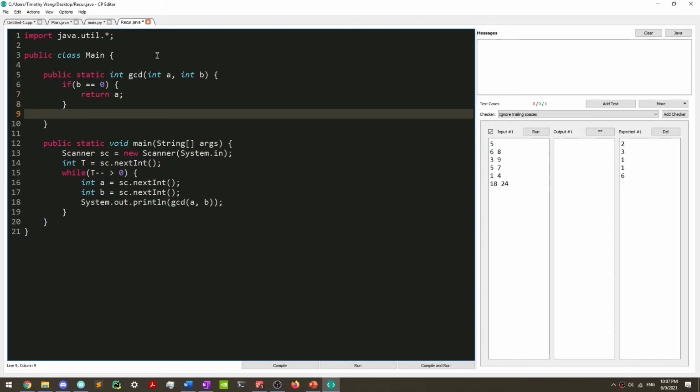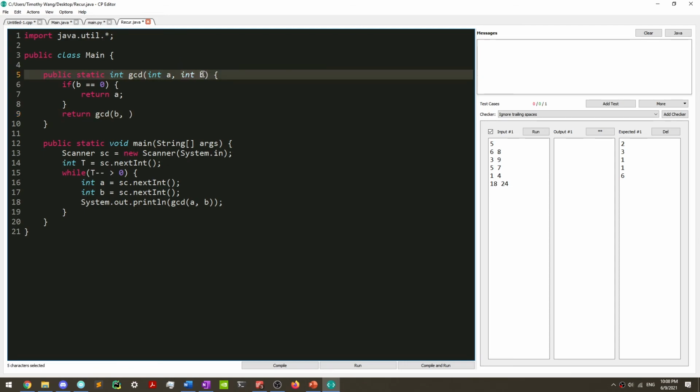And then otherwise, what we have to do is we just need to return the GCD between b and r. So what exactly is b? b is just the previous b, right? That's exactly what was the previous number that we had. That's this b right here. Then we want the remainder. And the question is, how do we get that remainder?